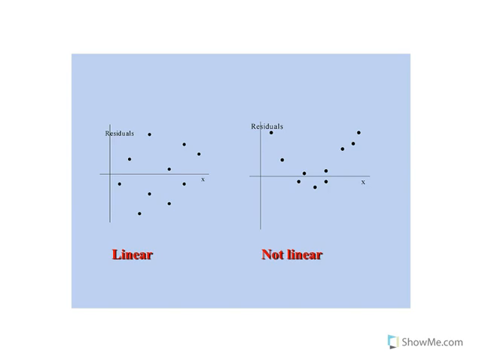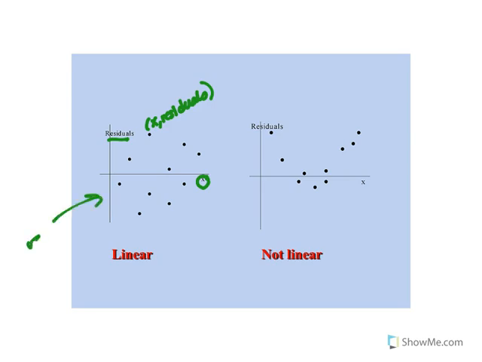The plot on the left shows a random pattern in the residuals. Notice we're plotting the x's against the residuals, which means every point in my plot is an actual ordered pair of the x value from our data set and the residual calculated at that particular x value.